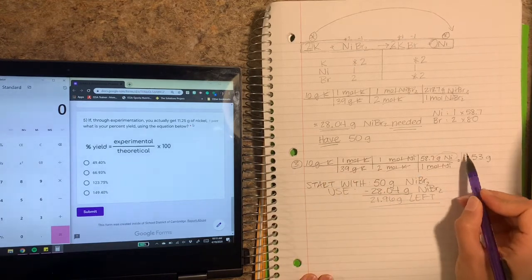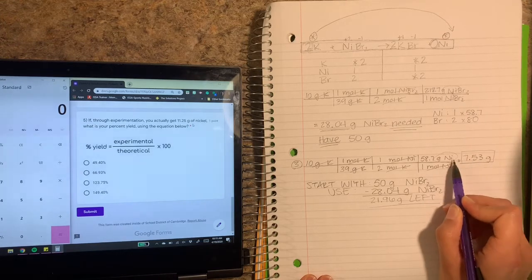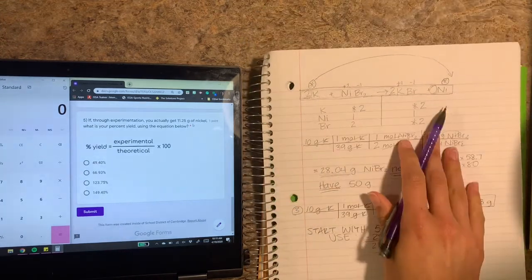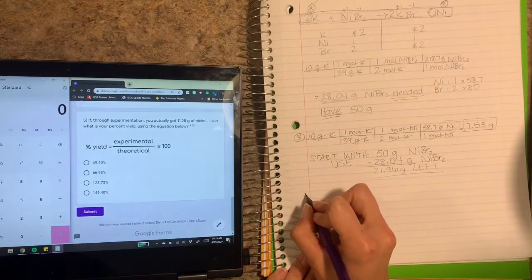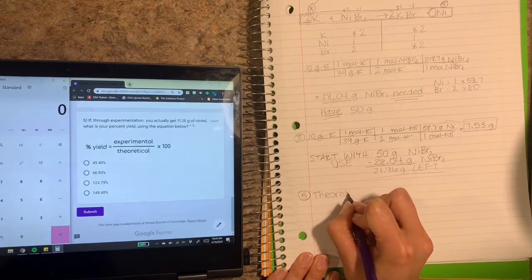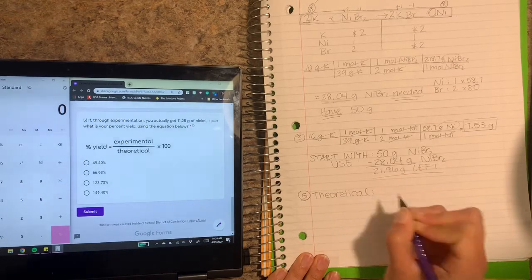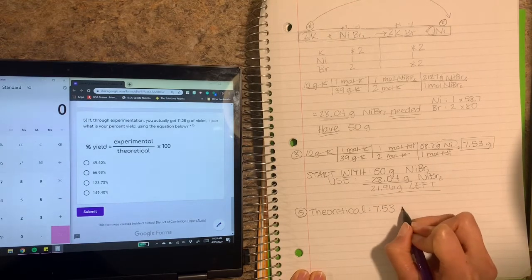So we theoretically should get out 7.53 grams of nickel through this reaction. Okay, so this is going to be our theoretical value. So our theoretical value is the one that we calculated. So that is 7.53 grams.